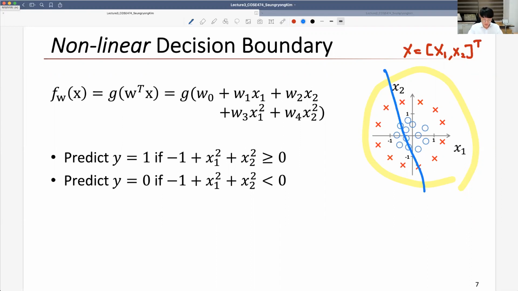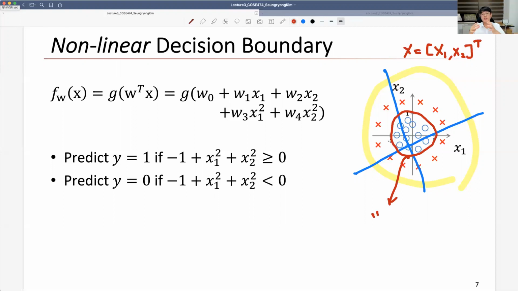Maybe this one or this one, right? But as you can see here, it's not optimal. To classify these samples properly, the optimal decision boundary should be defined something like this.